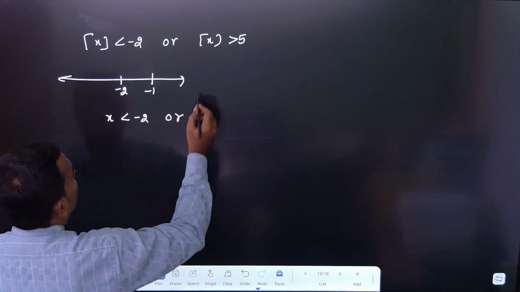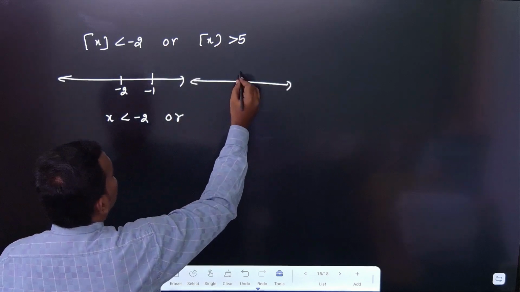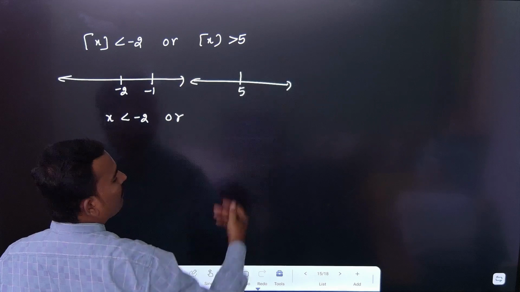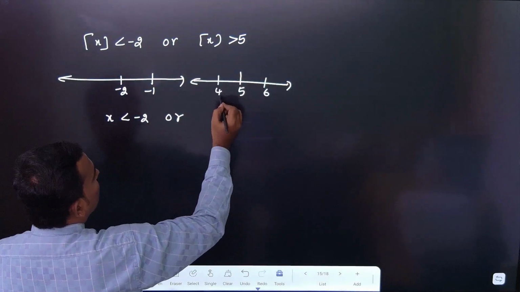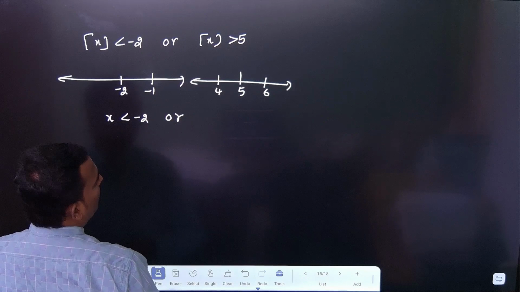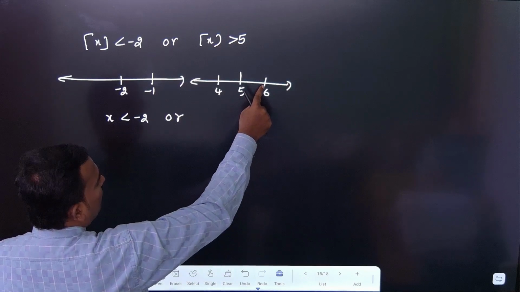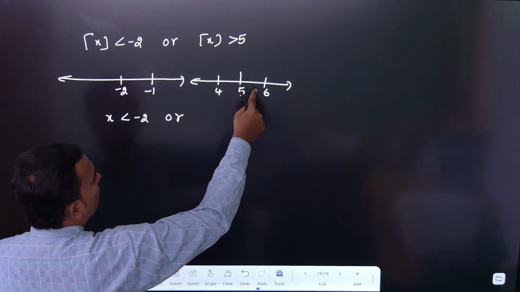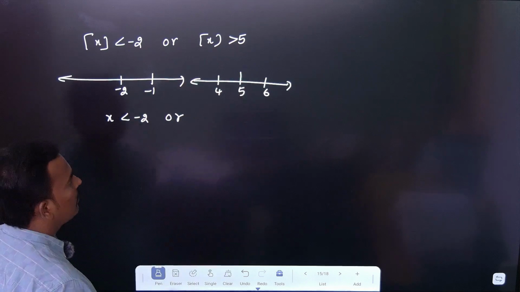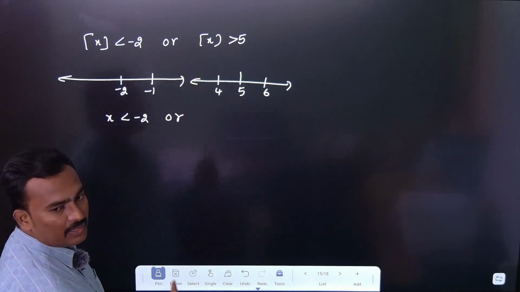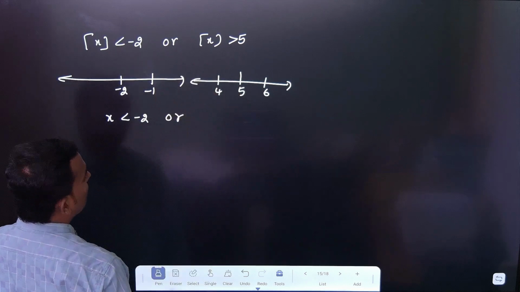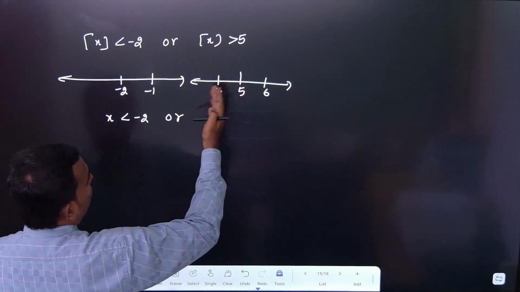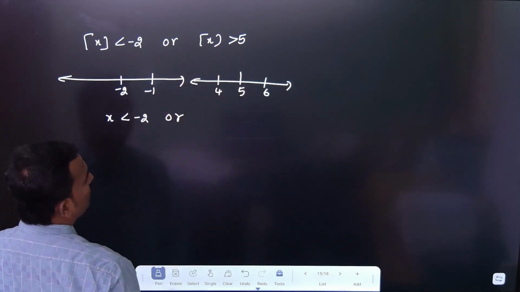Or you can see here, the greatest integer function should be greater than 5. If I take more than 5, let's take 5.5. The greatest integer of 5.5 is 5. So 5 greater than 5 is not possible. If I take less than 5, let's take 4.5.